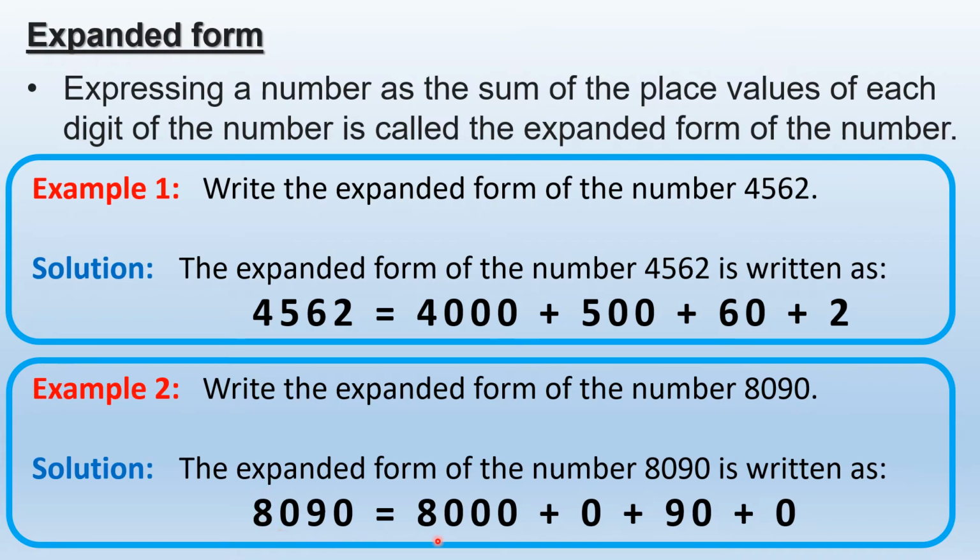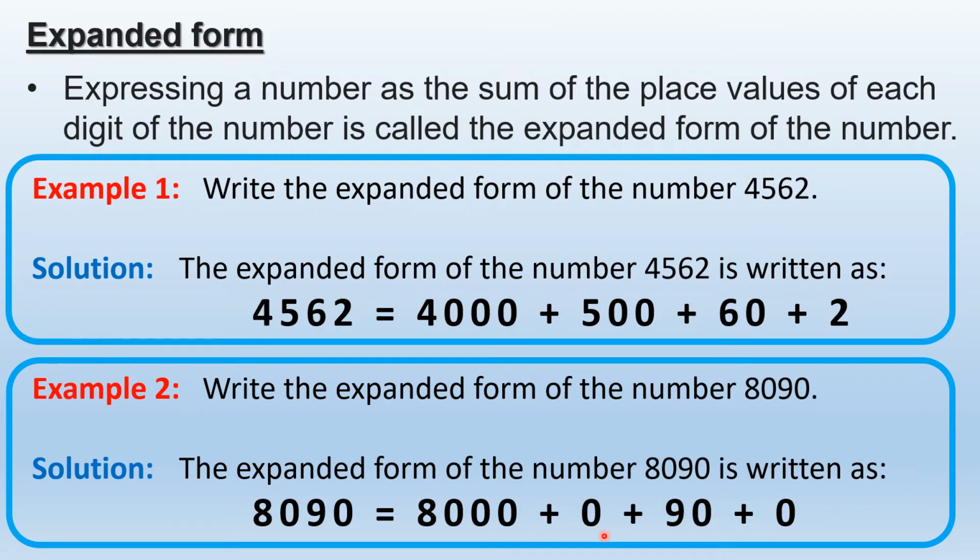Therefore, the first term is 8000. And we have 0 here in 100's place. So we will put a plus sign and write 0.